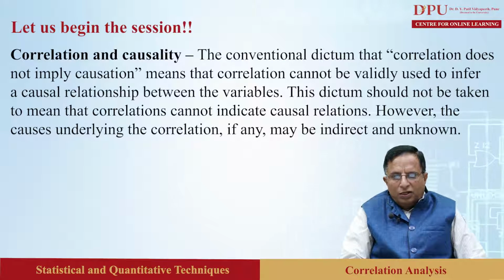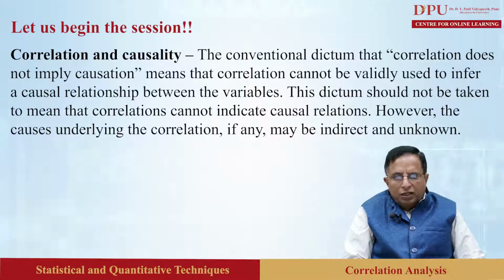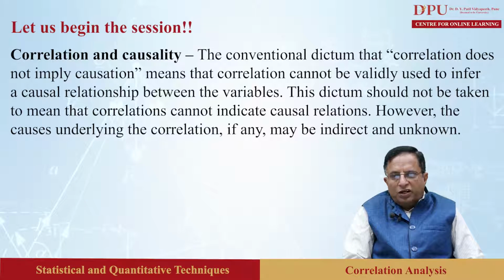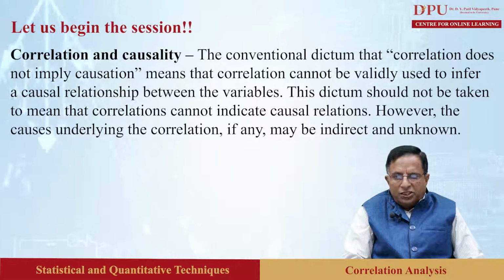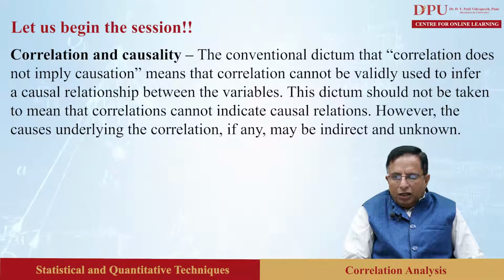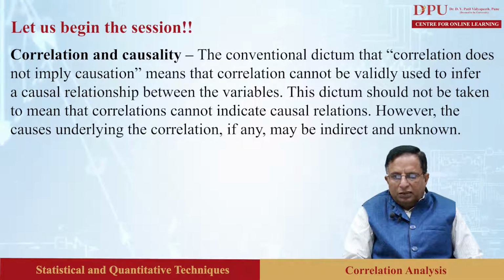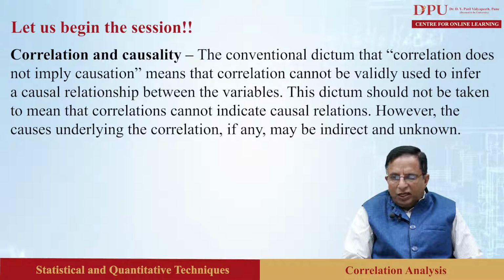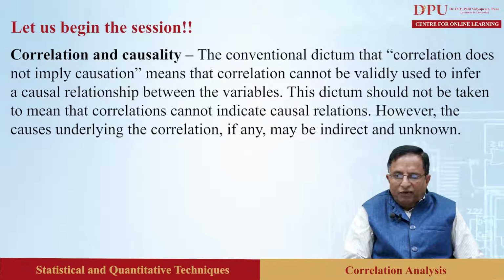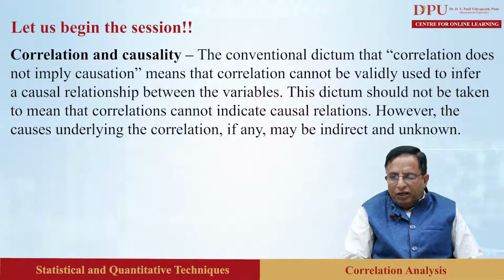Correlation and Causality. The conventional dictum: correlation does not imply causation. Correlation does not imply causation means that correlation cannot be validly used to infer a causal relationship between the variables.